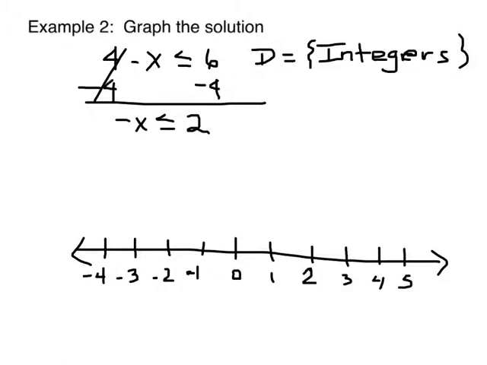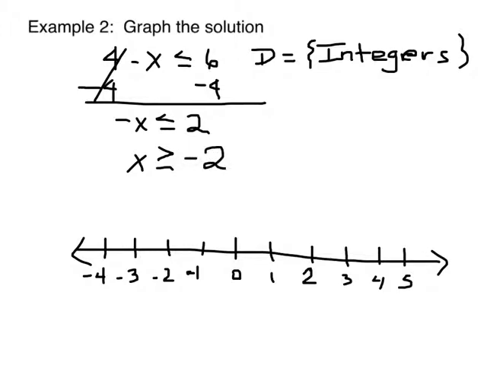Now, if we multiply both sides by negative 1 to reverse the inequality symbol, we would then have x is greater than or equal to negative 2.